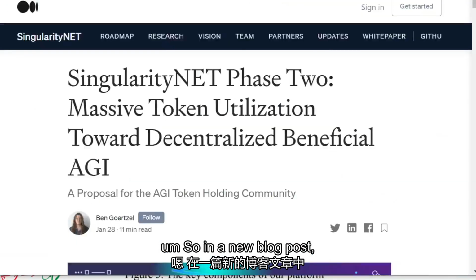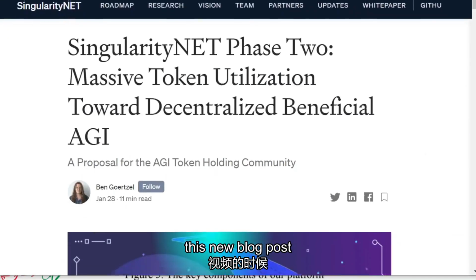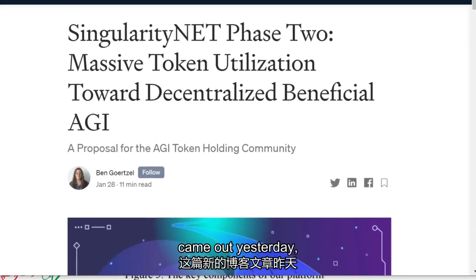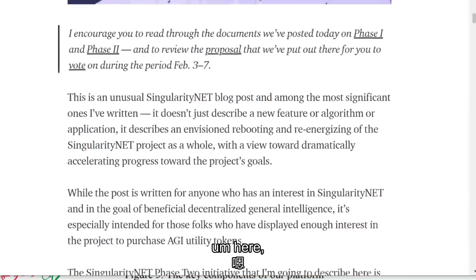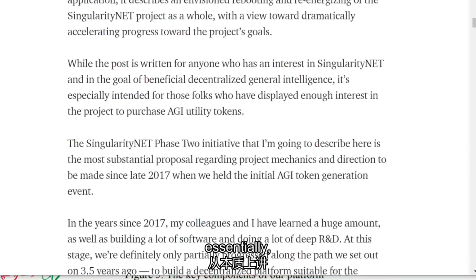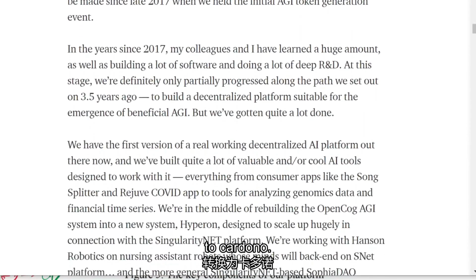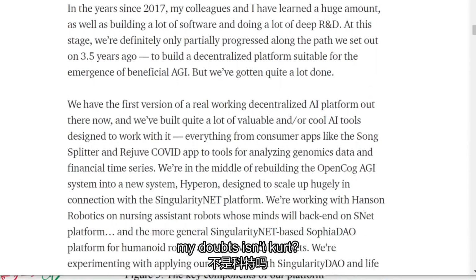So in a new blog post, actually, as I was preparing for this video, this new blog post came out yesterday. And here they're announcing the path forward, SingularityNET Phase 2. Essentially what they're doing is they're switching blockchains from Ethereum to Cardano. And I have my doubts.